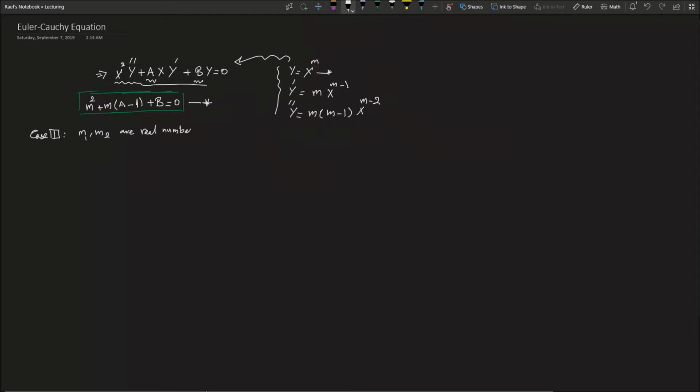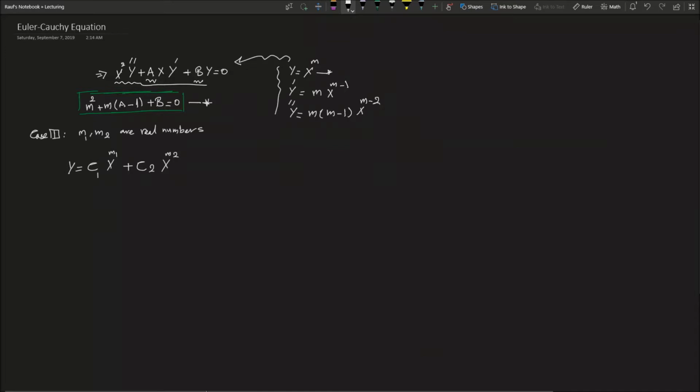Let's say m1 is 4, m2 is 6, or m1 is minus 1, m2 is 7, etc. If that's the case, then the general form of the solution would be y equals c1 x to the power of m1 plus c2 multiplied by x to the power of m2.